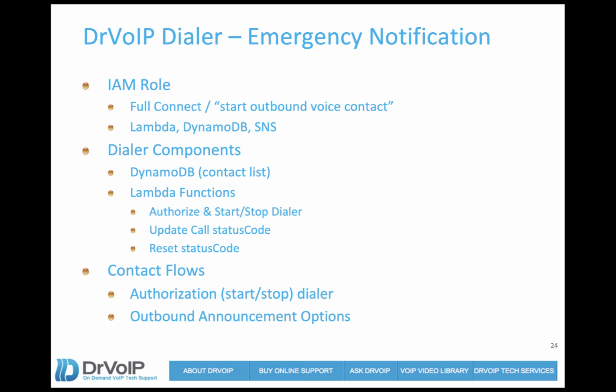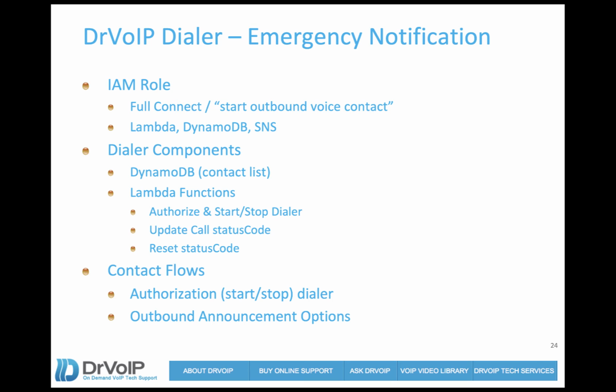So again, the IAM role that we need to create is going to have permissions to start the outbound dialer function. Most folks are not aware that this exists, but there is a function within Amazon Connect for outbound dialing.